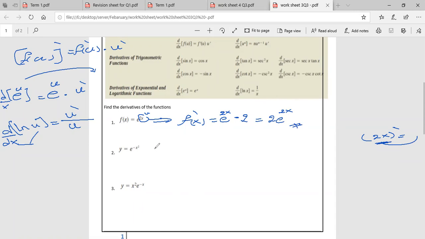Who will help me to solve the next one? Farida? Farida? Do you know how to solve it? Yes? No one?